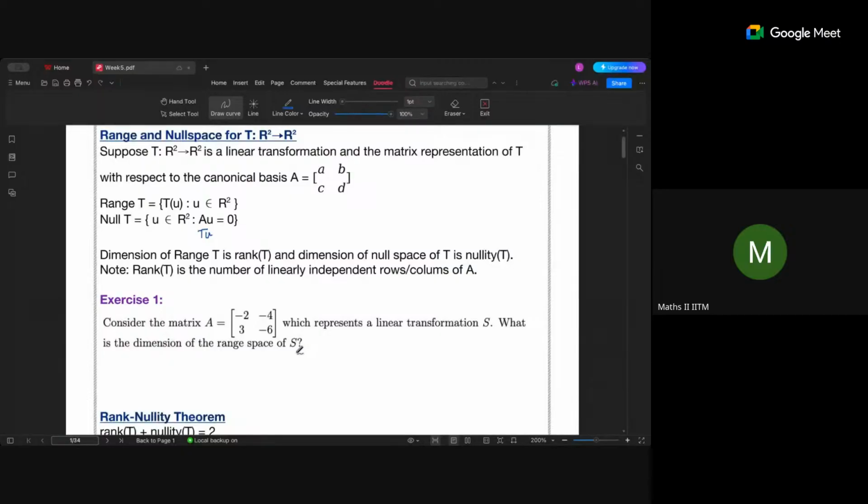So remember that the dimension of the range space of S is the same as the rank of A, because A is the matrix representation of S. Now can you tell me what's the answer?